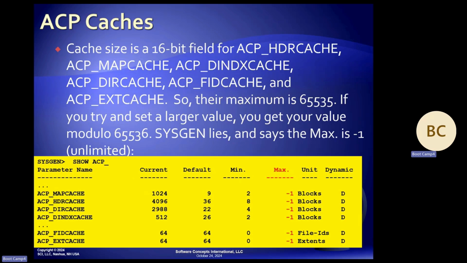Or in the interim, at least change the maximum to 65,535 so that sysgen won't allow you to set a value that's going to get an unexpected result. It's usually the number modulo 65,536 is going to be something smaller than you intended.